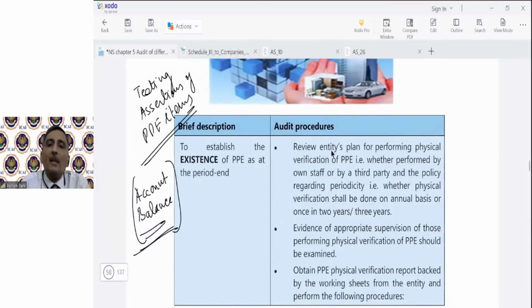So to establish the existence of PPE, how would the auditor establish the existence of PPE? What procedures would he employ? So आप जनरल बिना मॉड्यूल को देखें. सो स्टूडेंट्स आप प्रोसीजर्स लिखें कि एग्जिस्टेंस असर्शन को वेरीफाई करने के लिए पीपीई आइटम्स की ऑडिट, कौन से ऑडिट प्रोसीजर्स परफॉर्म कर सकता है.